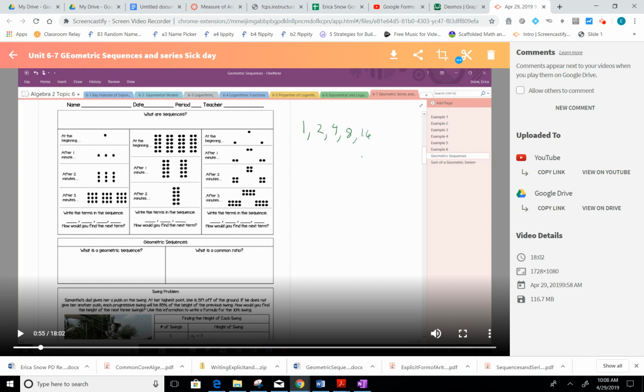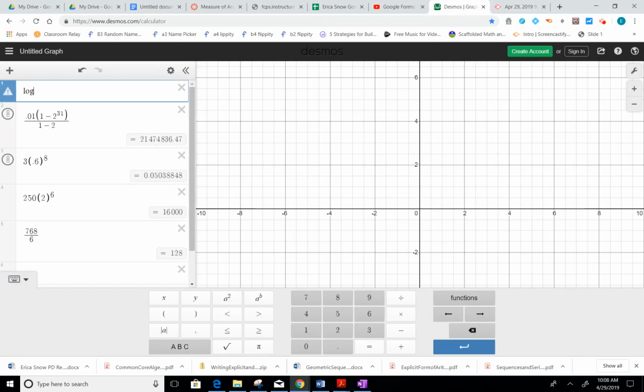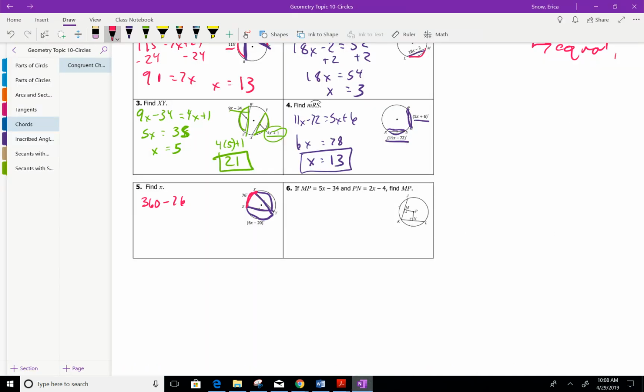Go into my best friend Desmos here. Doing a little bit of algebra 2 in there earlier. So 360 minus 76. That gives me 284. So that means that these two arcs together are 284. But we know that those arcs together are congruent. So we can take this and divide by 2. We get 142 for each of those arcs. So this one's 142 and this one's 142.